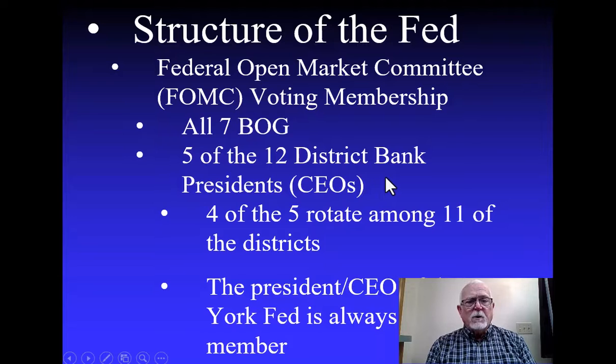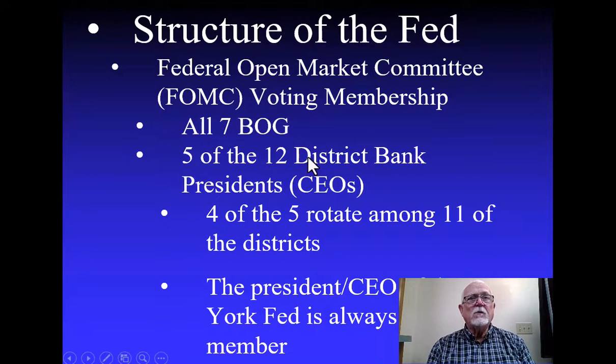Now, the Federal Open Market Committee is very, very important in terms of what we will later call monetary policy. All 7 members of the Board of Governors are voting members on the FOMC. It gets to be an alphabet soup. So all 7 BOG members are on the FOMC. And then 4 to 5 of the 12 district bank presidents rotate on it.